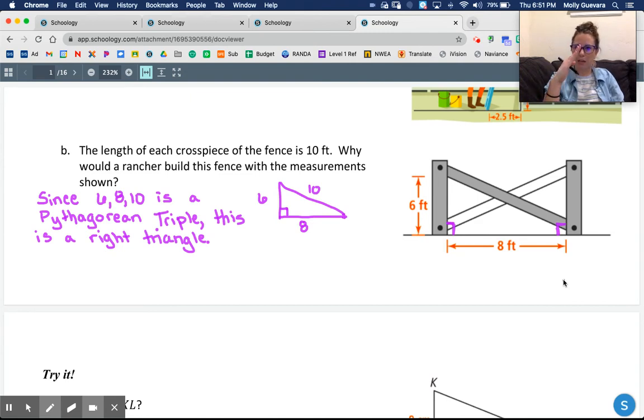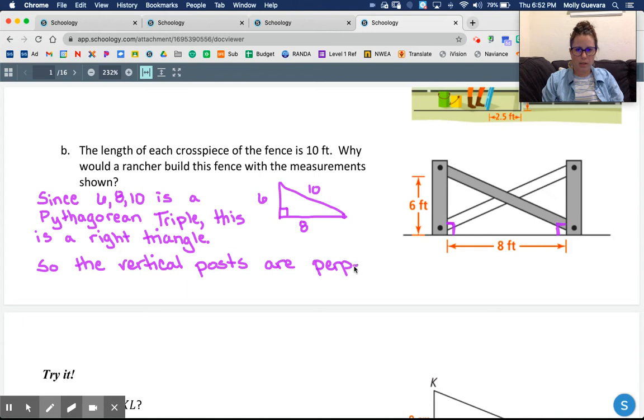If they're leaning a little bit, they're more likely to fall over. Okay, so the vertical posts are perpendicular to the ground.